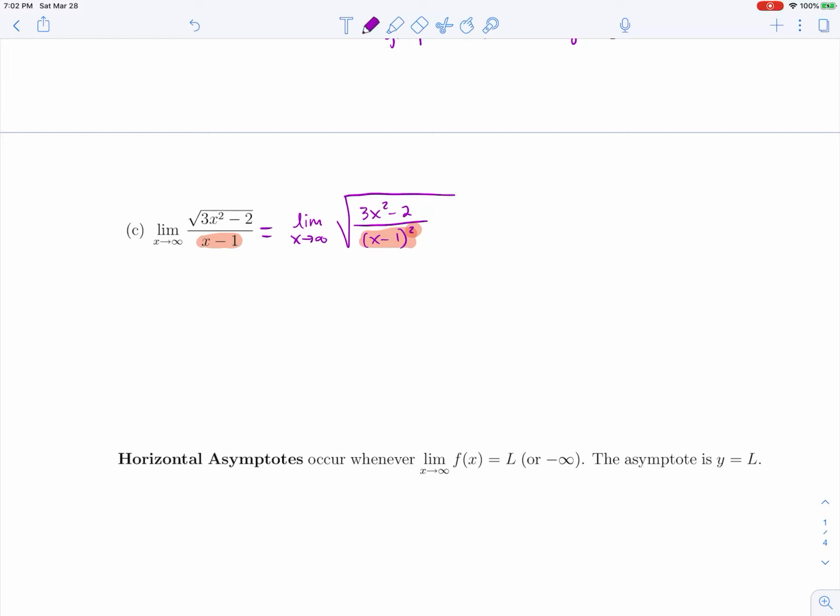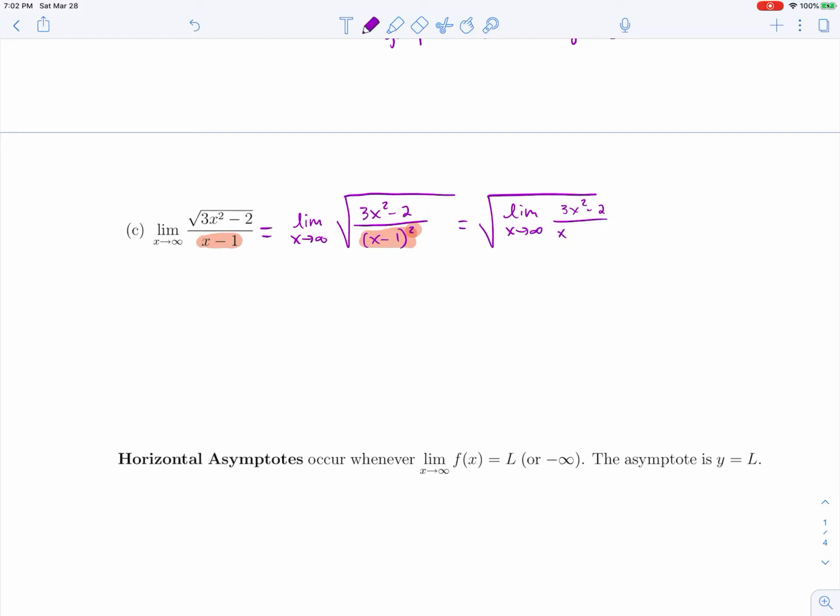Now we're using that property that limits have, where the limit of a composed function would be like this. So we can pull the square root out as long as it's continuous. The square root is a continuous function, so we can do that. And then look at this.